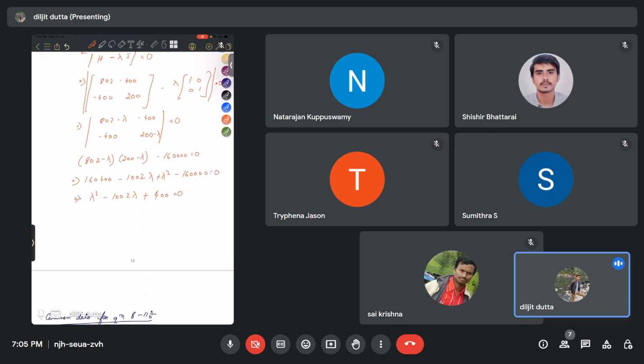Okay, this is a quadratic equation, and we know it will have two roots, lambda 1 and lambda 2.